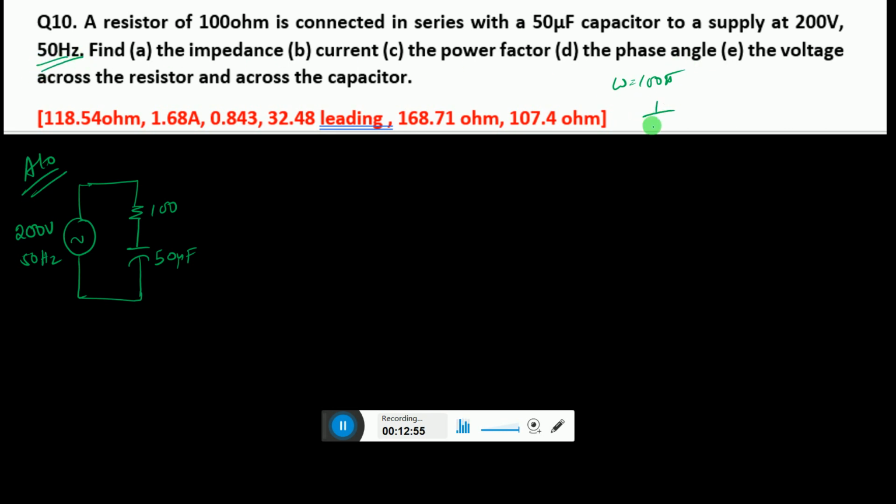So 1 by j omega C is the value of XC. So we can write this as 1 by j 100 pi into 50 into 10 raised to the power minus 6. So this is XC. Usually we write the j, rather we can say this is minus of j, sorry.